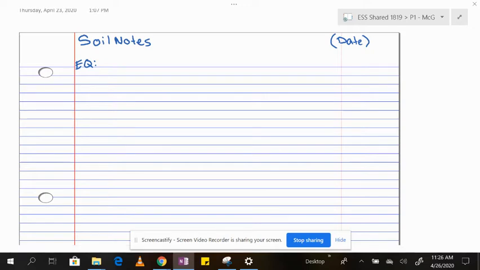Okay, let's look at our essential question. Our essential question is going to be, why is soil needed as a natural resource?